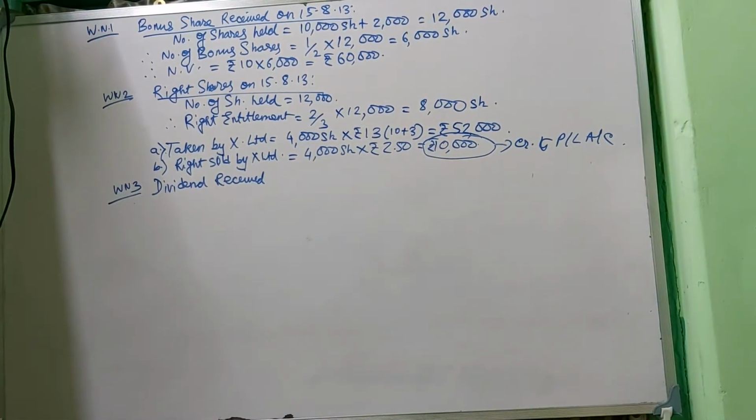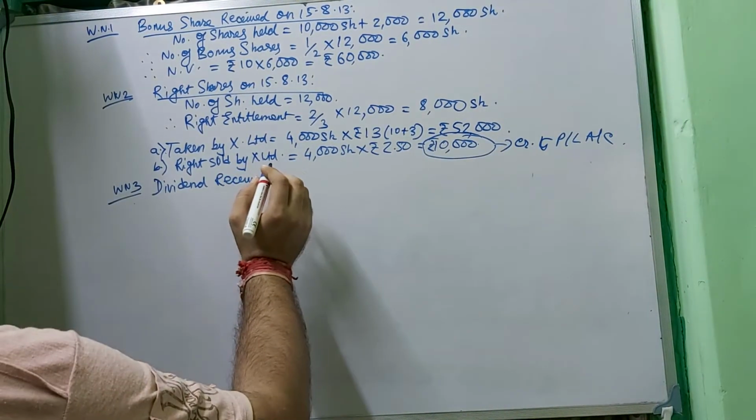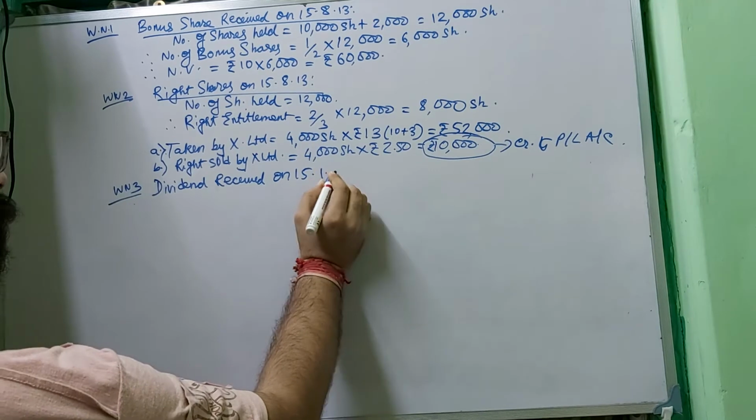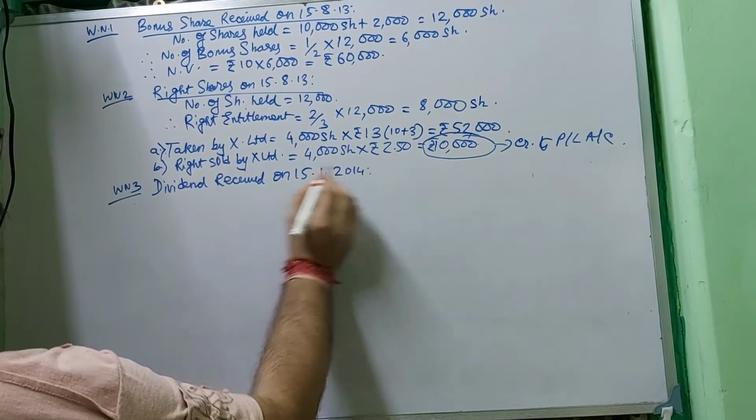Dividend has been received on 15/1/2014, right?